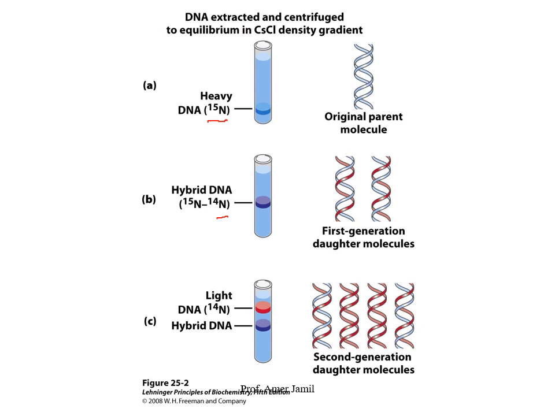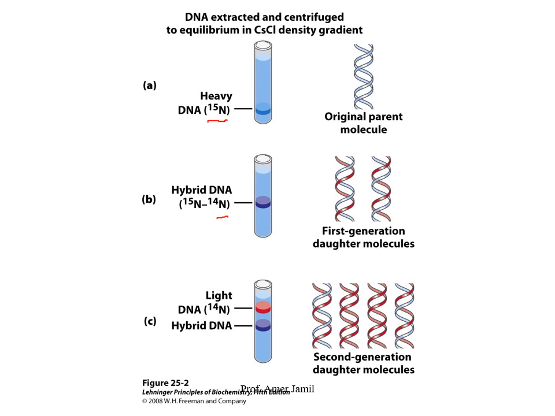What they did was grow the E. coli cells in N15 medium, so all the DNA contained N15, and then they performed cesium chloride density gradient centrifugation. When they performed this, you can see the DNA settled down at this place.